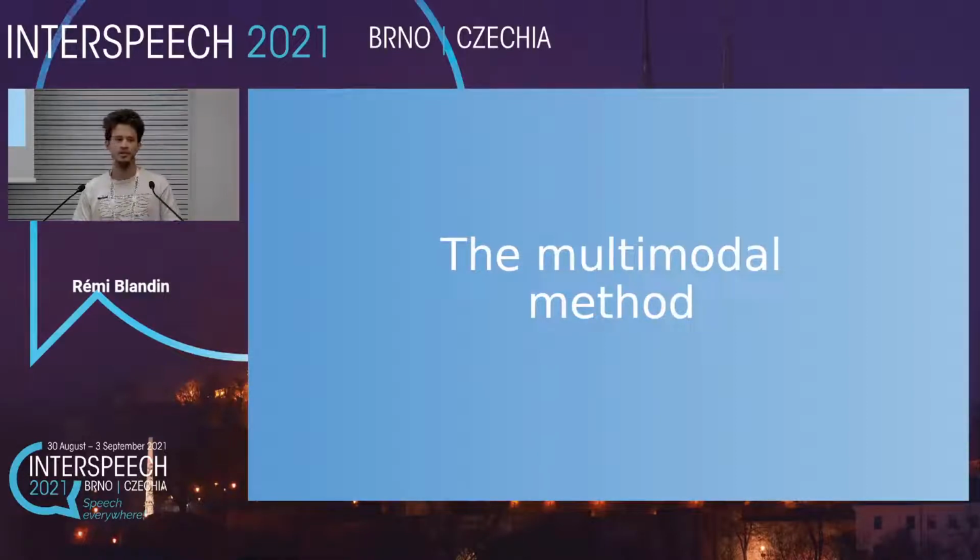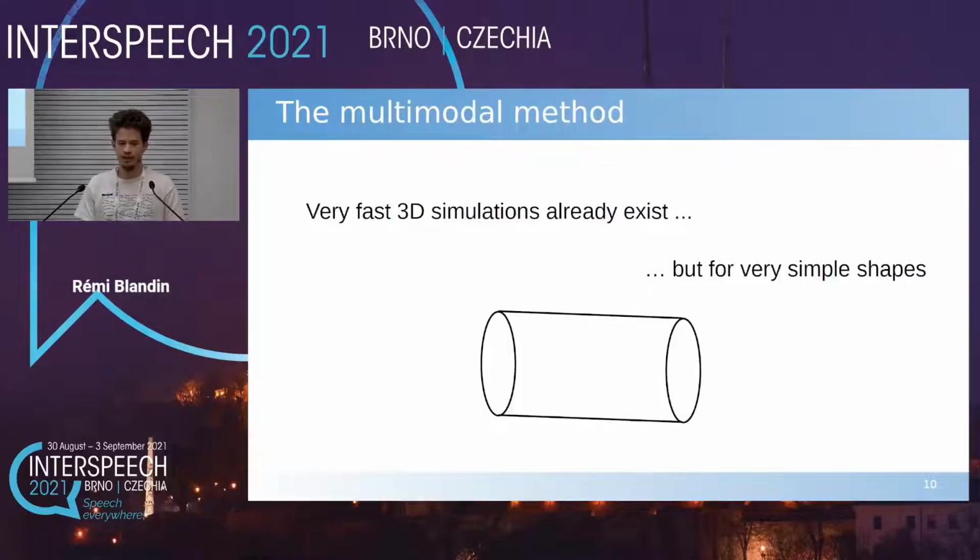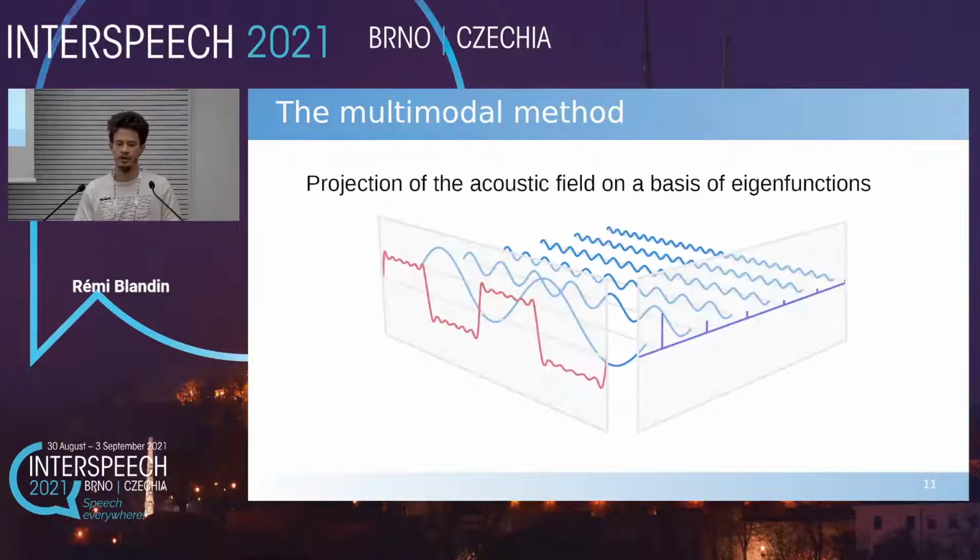So in this context, multimodal doesn't refer to a combination of auditory and visual cues, but it's a specific physics simulation method. So the fact is that very fast 3D simulations already exist for acoustic problems, but for very simple shapes. So let's see in a bit more detail how this works.